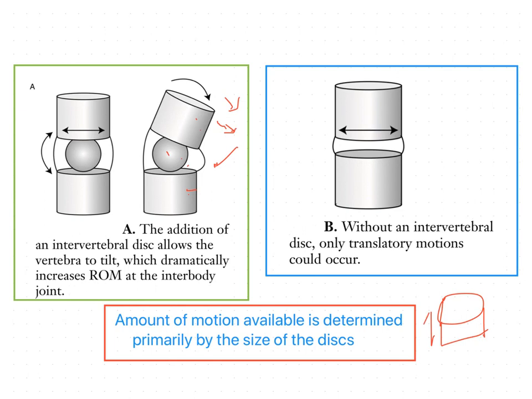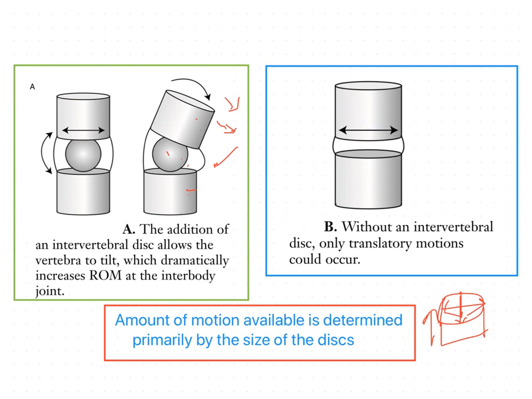If the height of the disc is larger than the AP diameter and the transverse diameter, then the tilting is more, and the available motion in the sagittal plane as well as the frontal plane is large.